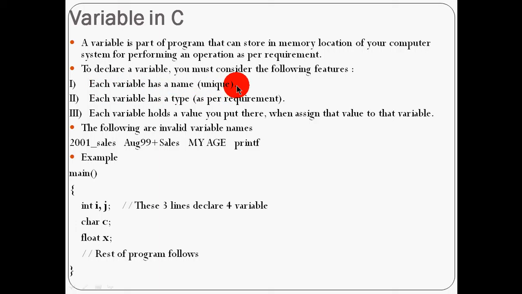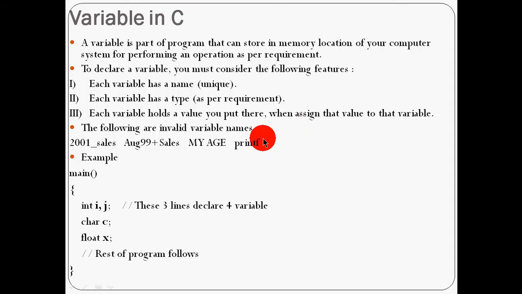As for the variable, it is compulsory to define its data type. It may be integer, it may be character, it may be float. Each variable holds a value which can be assigned to it.